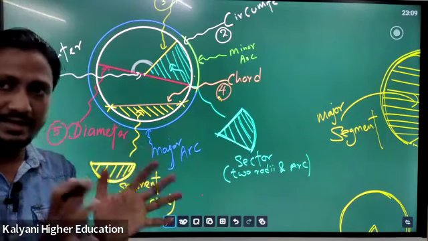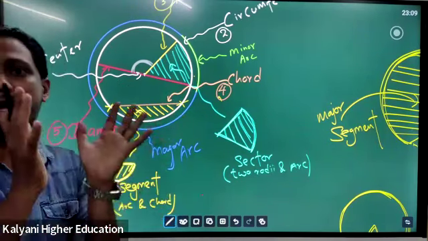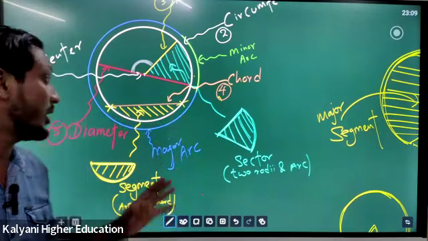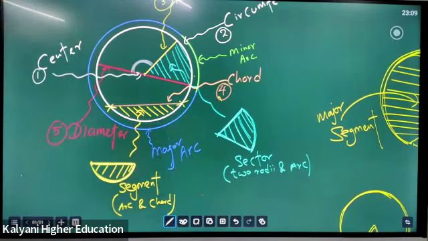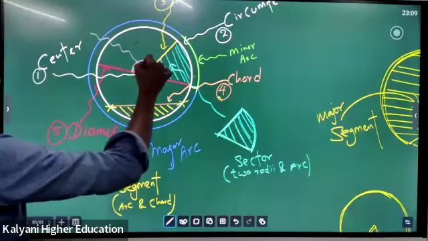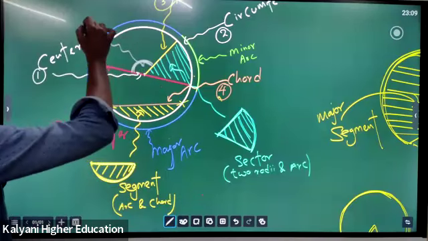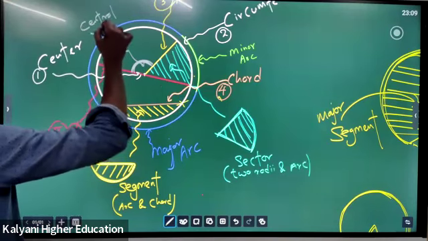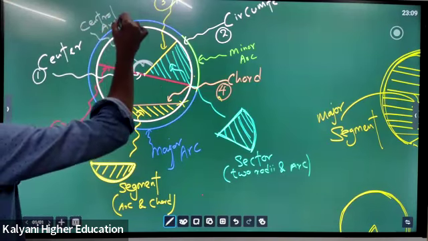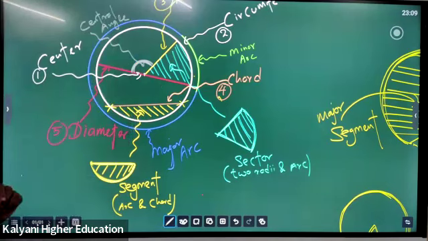So what do we call it? It's the central angle. Central angle. Is it clear? Yes or no?